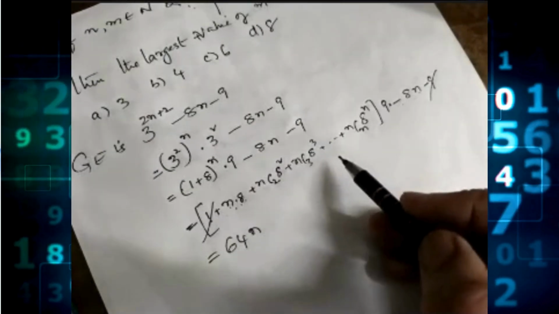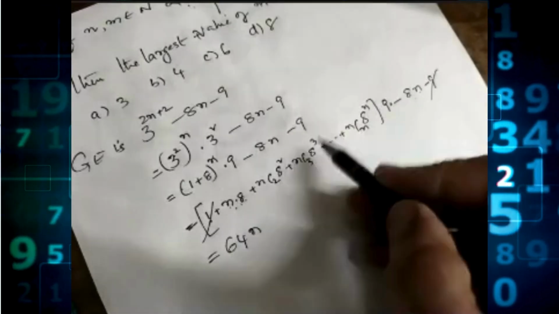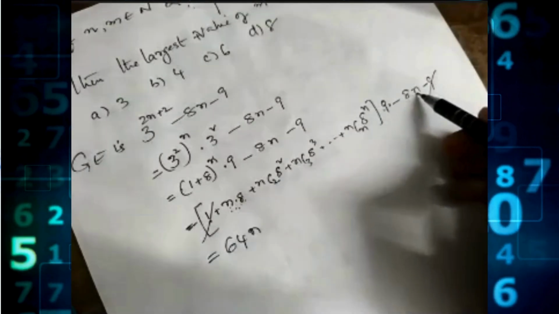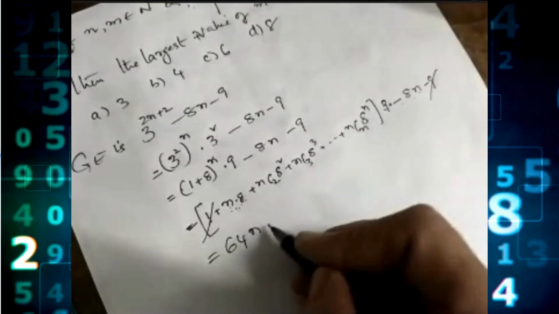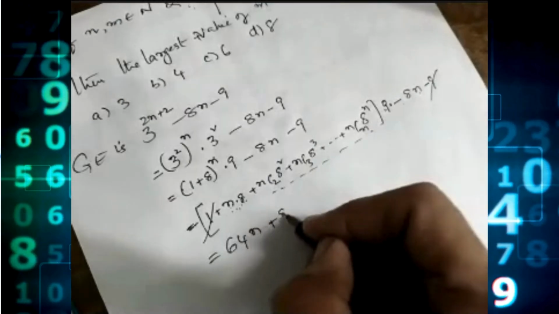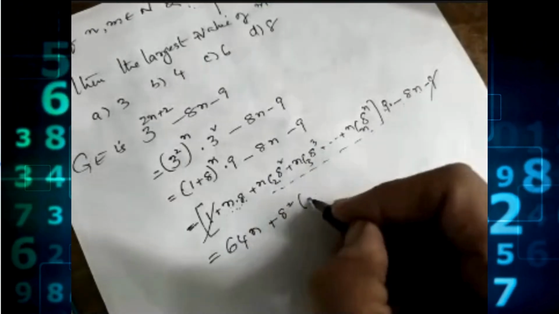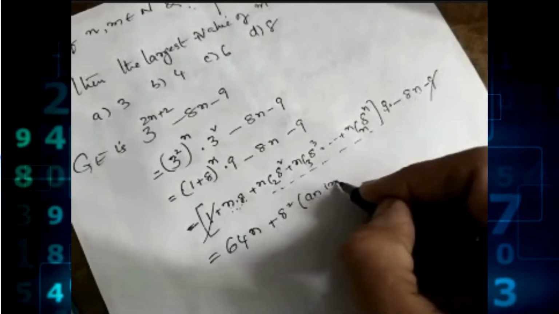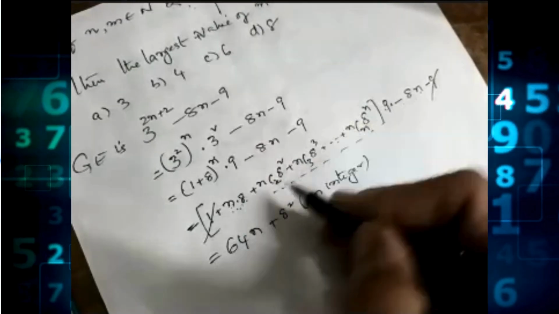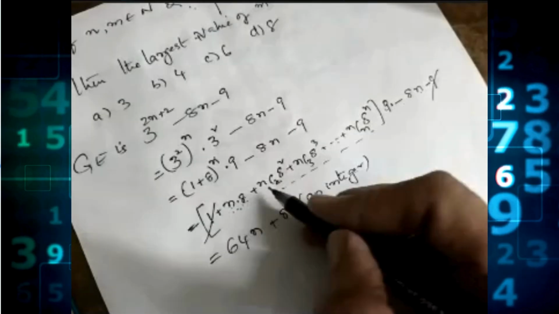Are you following me? 9 times 8 is 72n, and 72n minus 8n is 64n. Plus, you please observe, in each of the other terms you can get 8 square as a common factor: 8 square, 8 cube, 8 power 4, etc. The minimum power of 8 is 2.